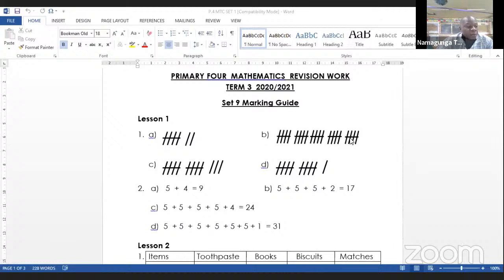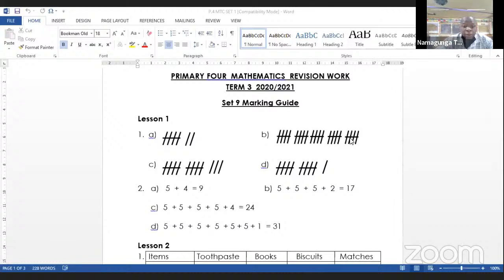When you count, someone may have made bundles of 5, 3 of them plus 2. That will mean 5 plus 5 plus 5 plus 2 gives us 17. Part C, again, there are 24, which means there are 4 bundles of 5 and 4 sticks. So when you add all of them, you get 24.